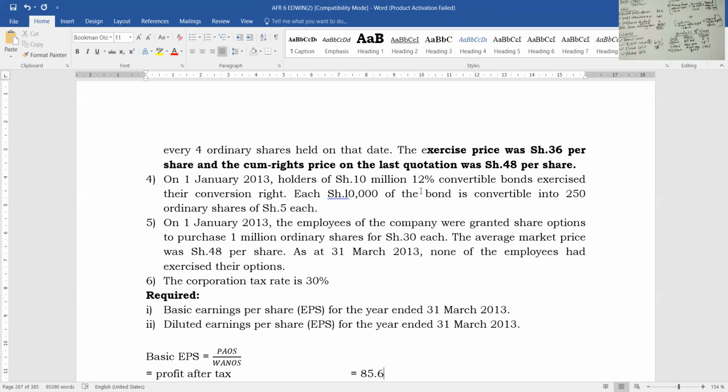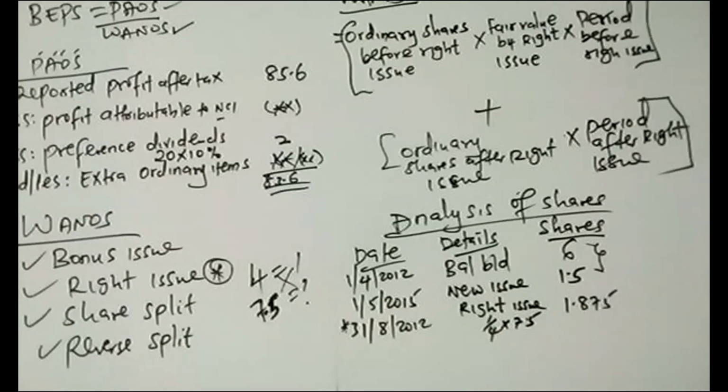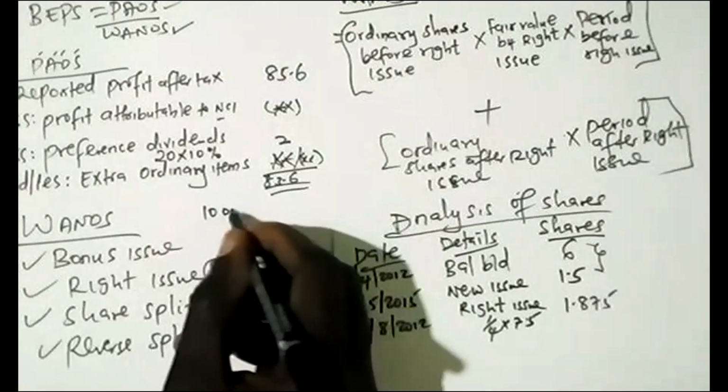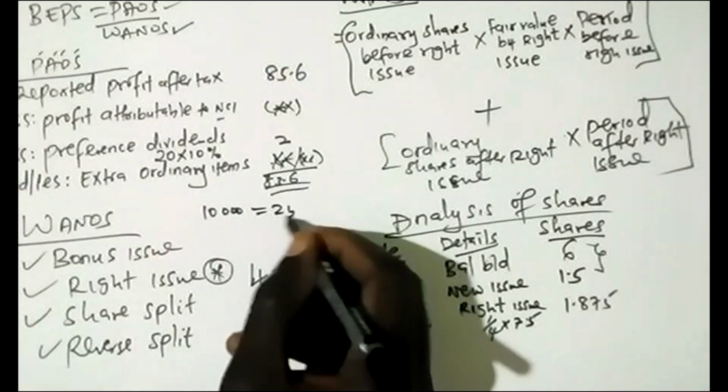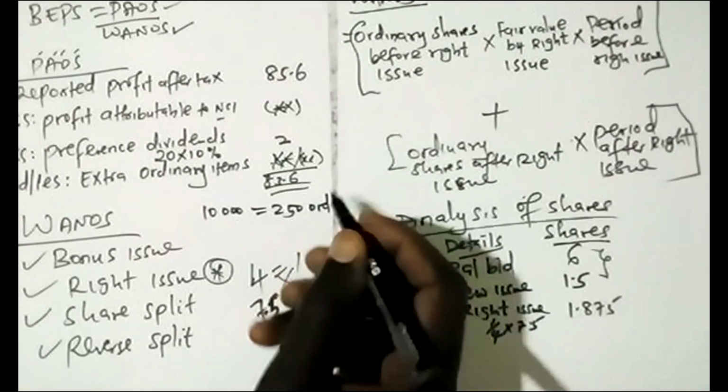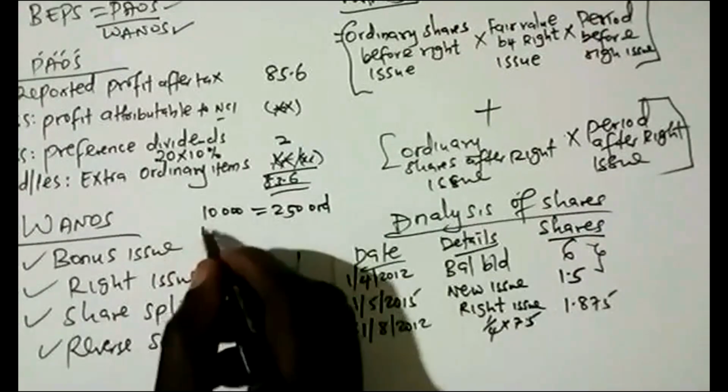Each 10,000 of the bond is convertible into 250 ordinary shares. Remember that we weigh ordinary shares, so we have to do a cross multiplication using this proportion. 10,000 of the bond is equal to 250 ordinary shares. What about this 10 million?